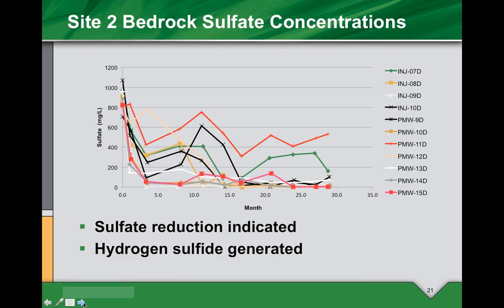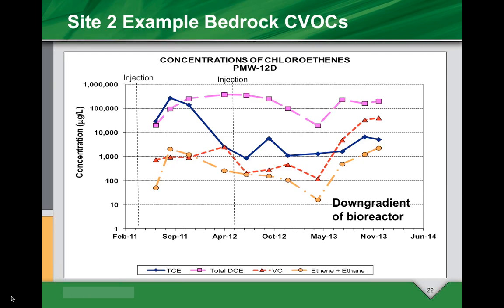Then the sulfate concentrations typically plateaued, followed by another decrease after approximately 14 months, which is the time associated with the second injection event. At this particular site, due to the higher levels of background sulfate, we did observe hydrogen sulfide accumulation, and we'll be discussing the effects of that on biodegradation. If you could move to the next slide, Dora.